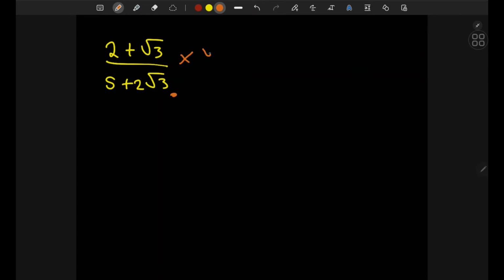So in this case, the conjugate is we'll have 5 minus, because it's a plus here, 2 square root of 3 over 5 minus 2 square root of 3. That's how we get to solve it. So the same way or approach can be used when solving complex variables of such a nature.